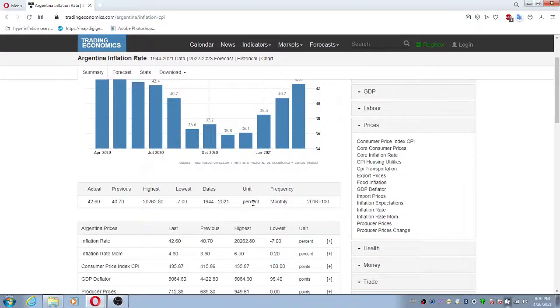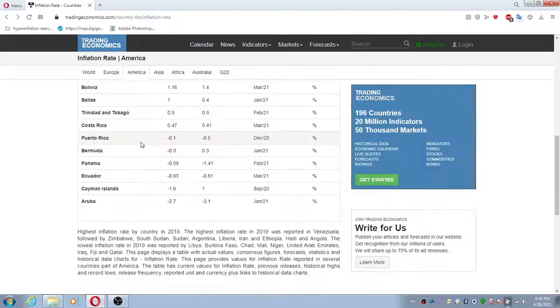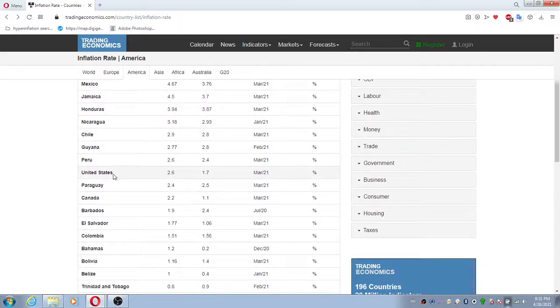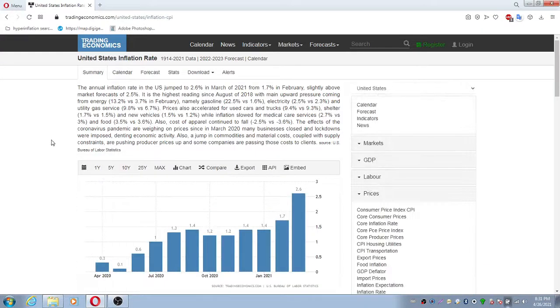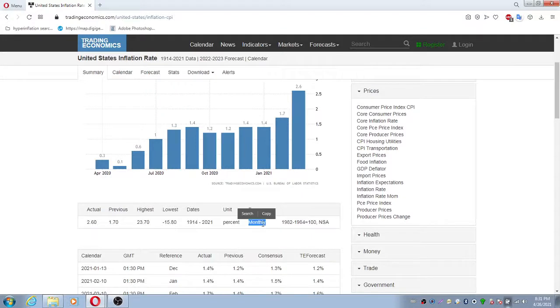Now you can see they've given you the unit, which is obviously percentage, and the frequency is actually monthly. So this is a monthly inflation rate. I think if you go to the United States, which should also be on this list, it's also giving you a monthly frequency. So that must be the frequency that the data is actually published.